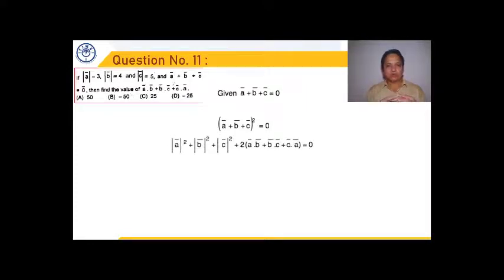A vector multiplied by itself becomes a scalar quantity. So modulus of A squared plus modulus of B squared plus modulus of C squared plus twice, A dot B plus B dot C plus C dot A. Now, the term in the bracket is what we are supposed to find. Modulus of A is given to us as 3.